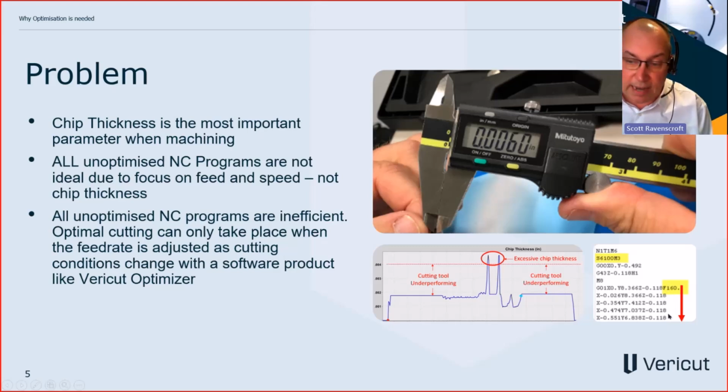Some CAM systems will adapt a little bit, but generally speaking, we program with a singular feed rate. Now, when we do that, the net effect is always a varying chip thickness condition on the tool. So therefore, NC programs generally aren't as efficient as they can be.